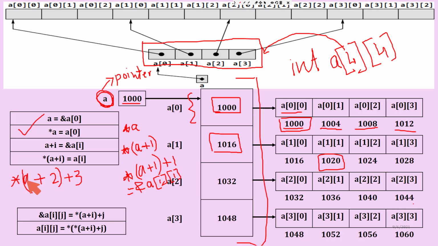Shashikant Singh, yes sir. What is the value of A? 1000.